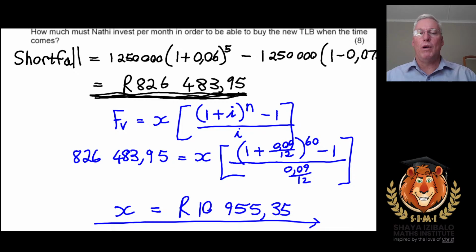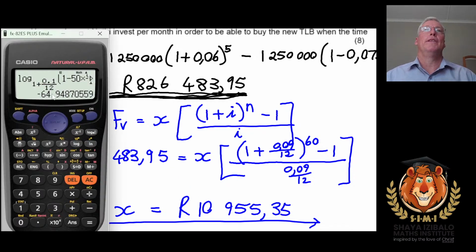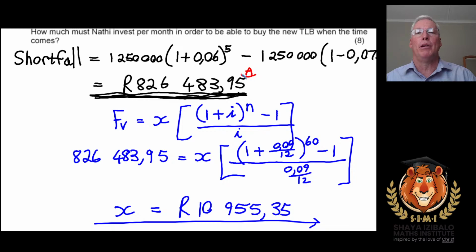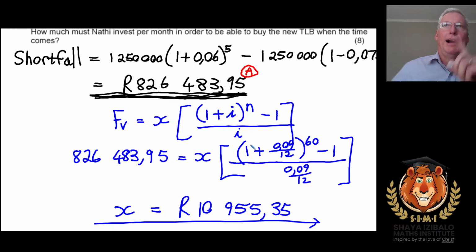When one is doing these calculations, this is a really cool time to use the memories on your calculator, the store and recall. Use your A, B, and C. What I do as a little strategy is, when I work this number out over here, this piece, I put a little circle next to it and say I've stored that, and I've stored it in A.